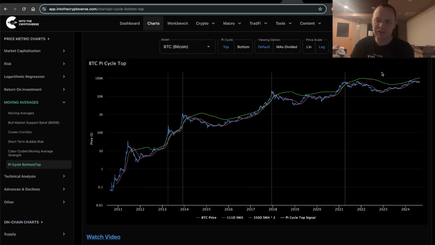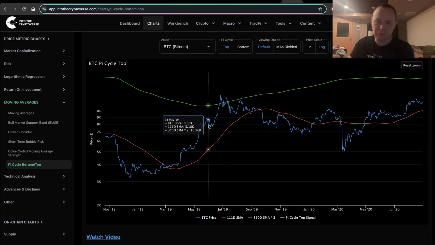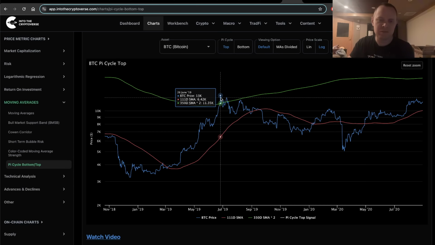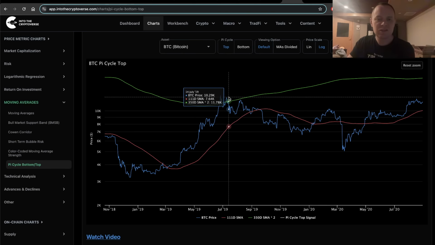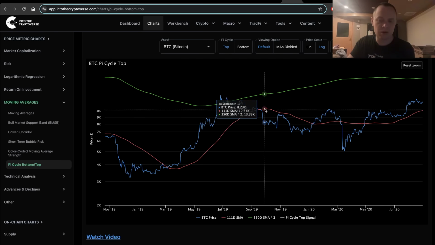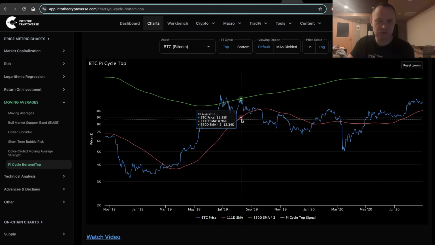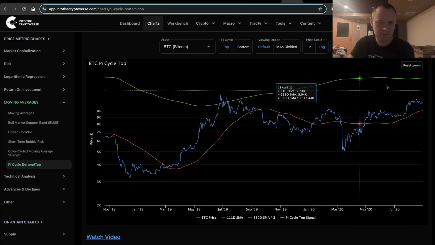But one of the interesting things is how similar it looks to 2019, right? The price goes above 2 times the longer moving average briefly and then fades below the shorter one, so that the shorter moving average does not cross the one above.